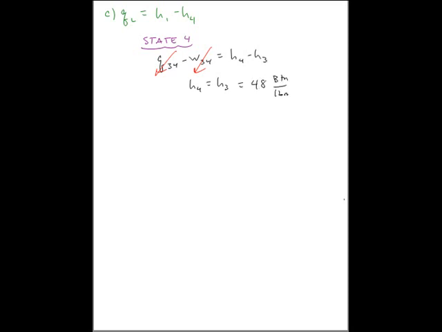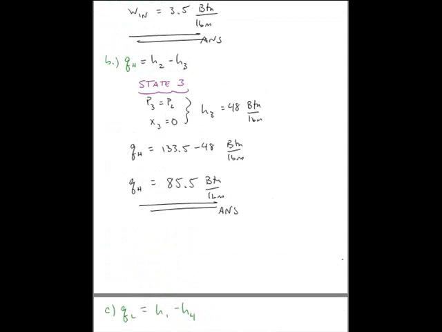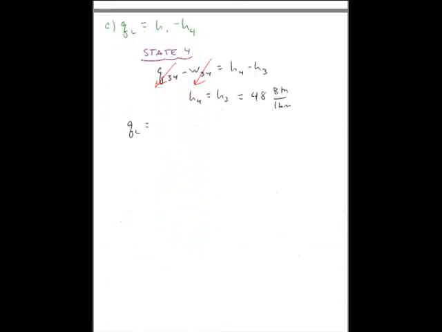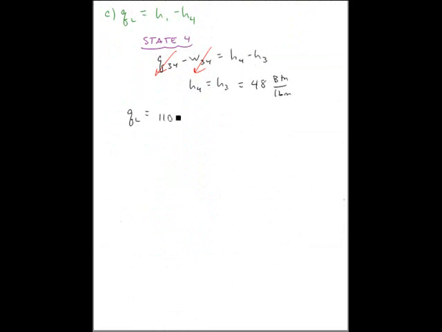BTUs per pound mass. Alright, so my heat in to the evaporator is equal to H1, which we said was state 1, 110 BTUs per pound mass minus 48 BTUs per pound mass is equal to 62 BTUs per pound mass.